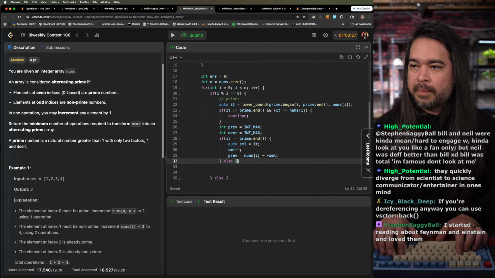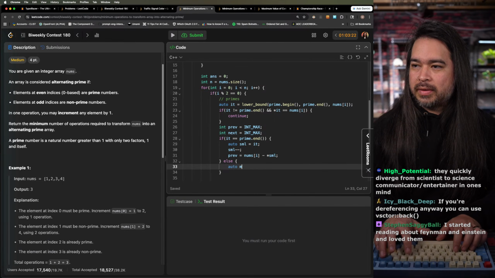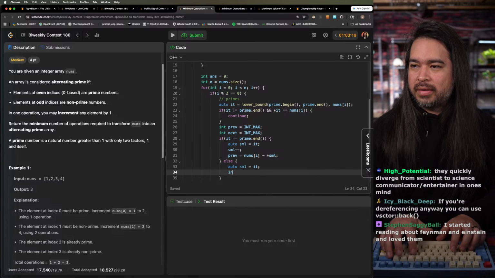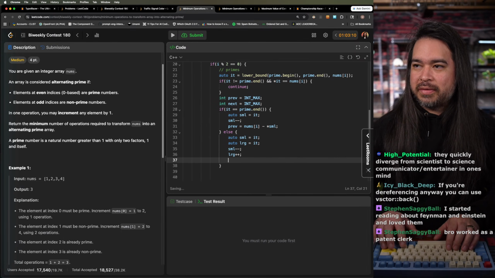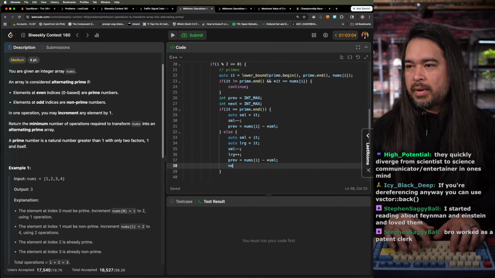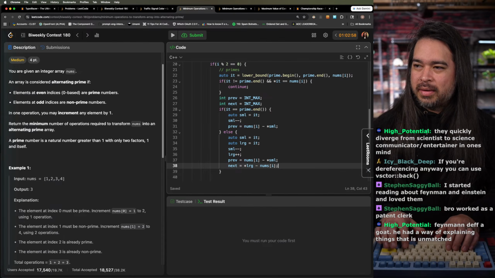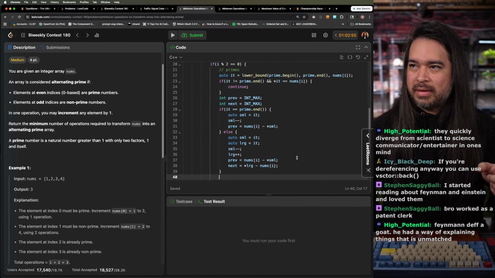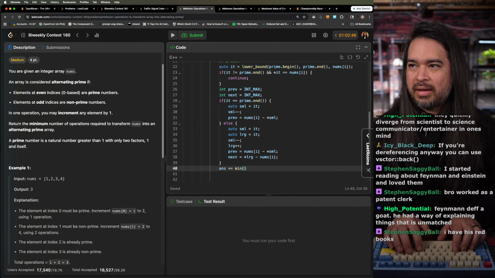Hold on. Let me just do this again. Small, and then larger or something large. This is super primitive stuff. So this is gonna be the same. And next would be like that. And then the distance would be the minimum of previous and next, perhaps.